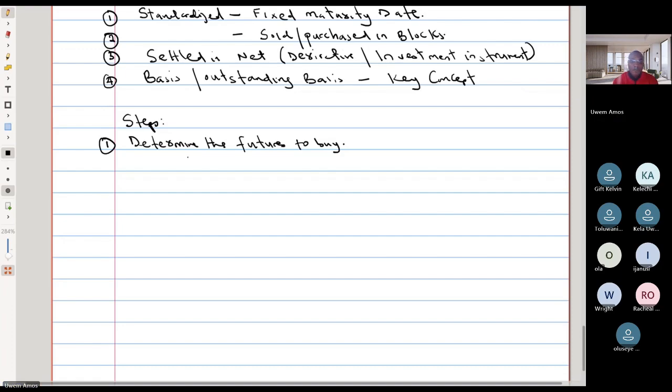Two, because it is not just a way to protect ourselves against interest rate movement, it's also an investment instrument, we need to develop a strategy. So we need to determine our hedging strategy.